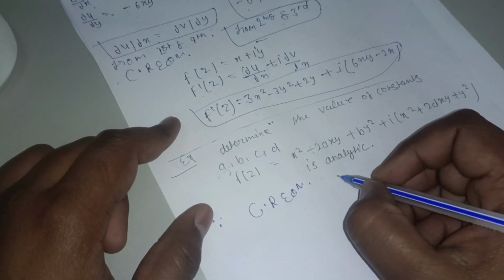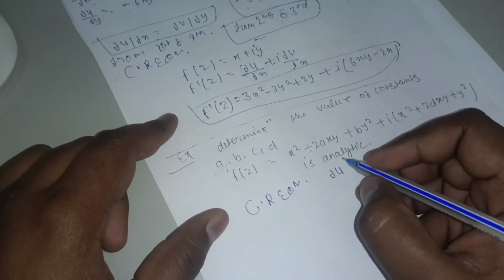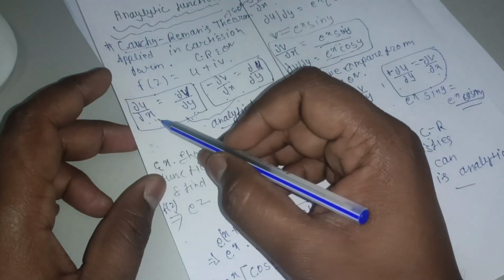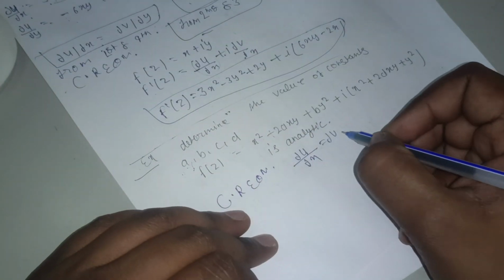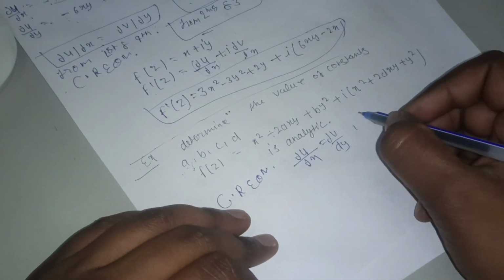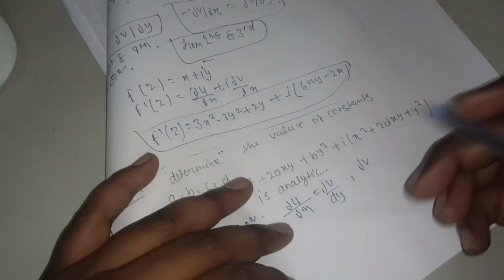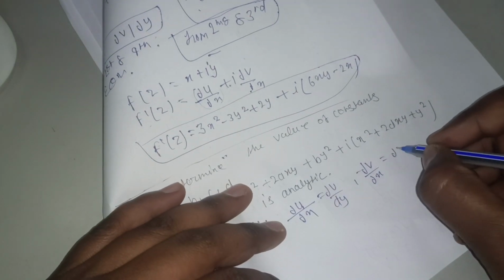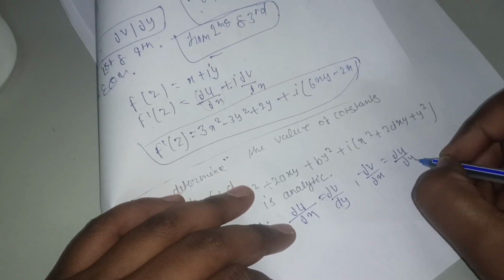According to this, del u by del x should be equal to del v by del y, and minus del v by del x should be equal to del u by del y.